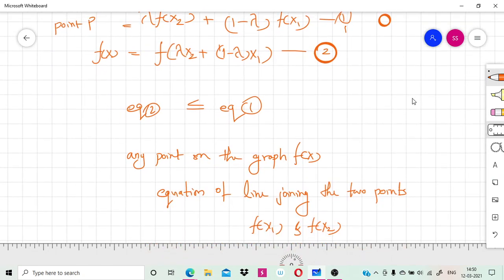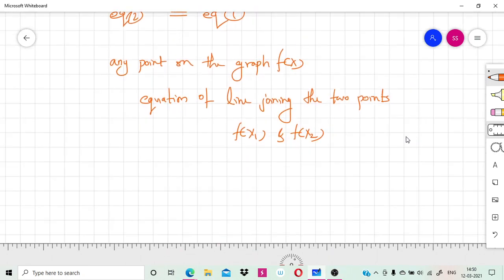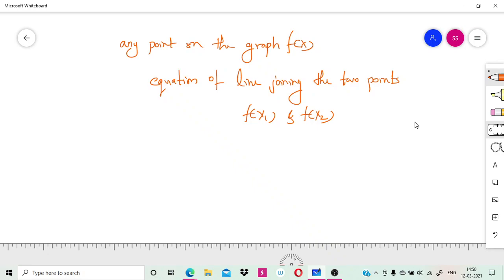Okay, that is what you mean by the definition of a convex function.